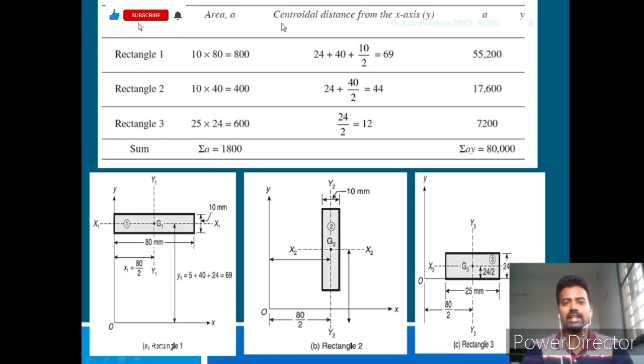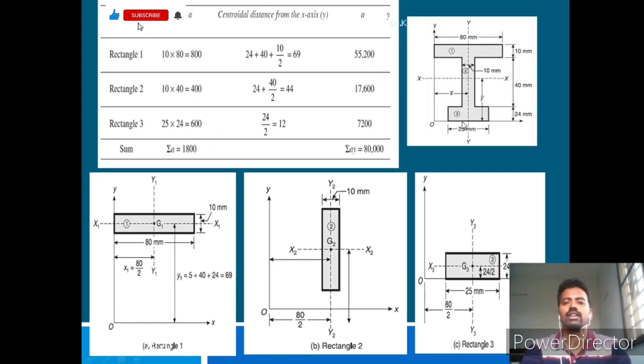Next let us find the y distance of each individual centroid. The first centroid will be at a y distance of 24 mm plus 40 plus 10 by 2. This individual centroid acts at 10 by 2, hence you have to add it from the origin of the x axis.